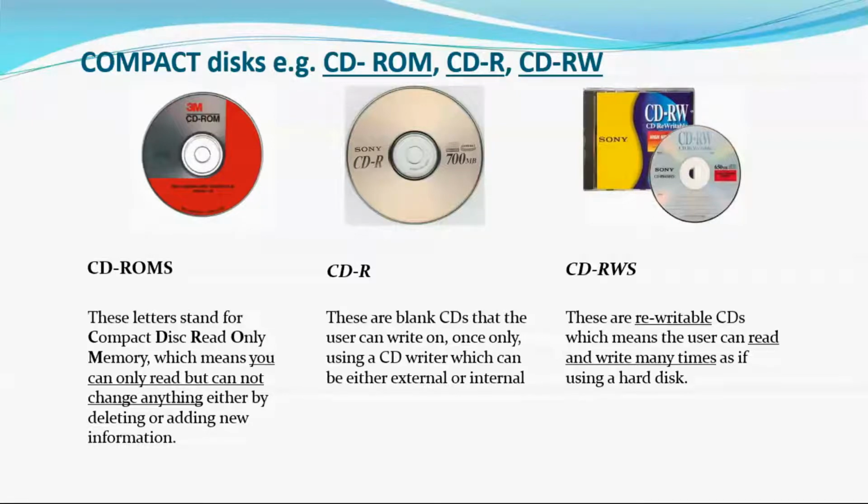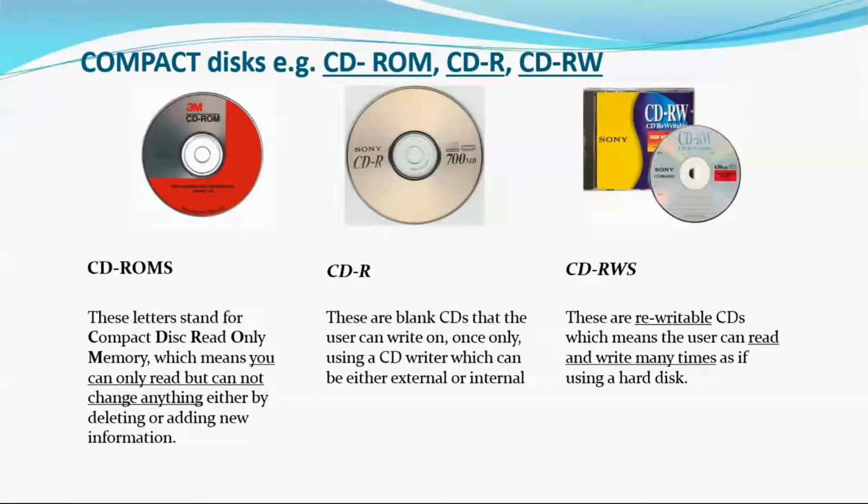Then we have what we call CD-Rs. They are called CD recordables. These are blank CDs that the users can write on, but once only, using a CD writer, which can be either external or internal. This type is mostly used to put things like songs.